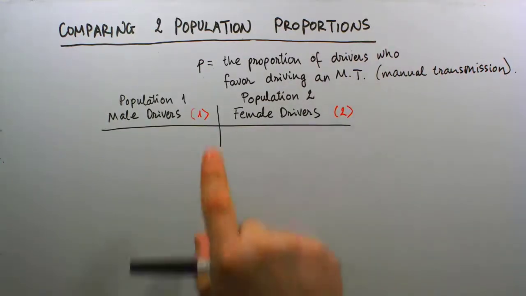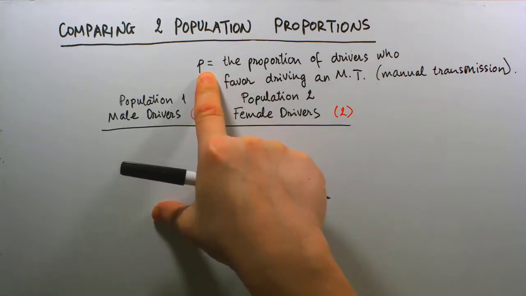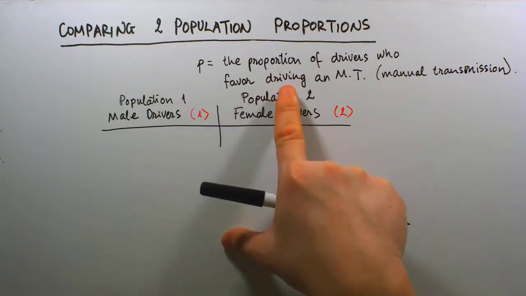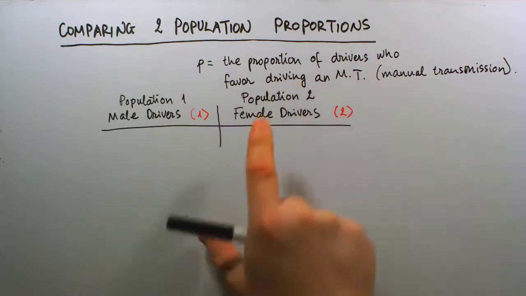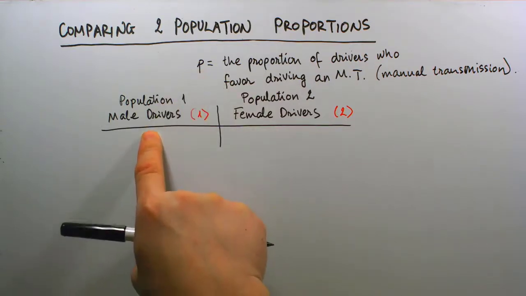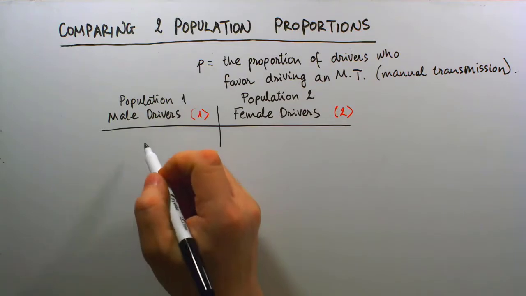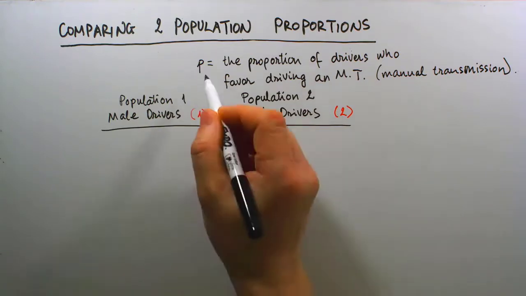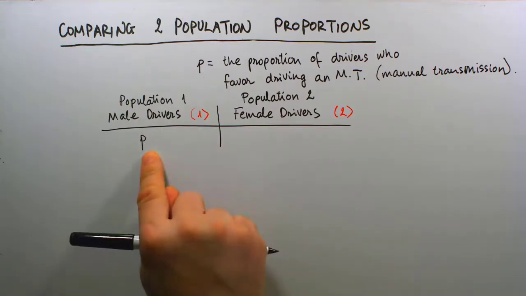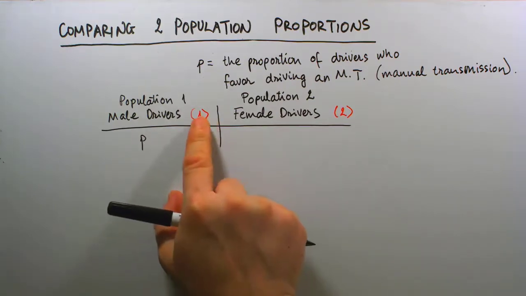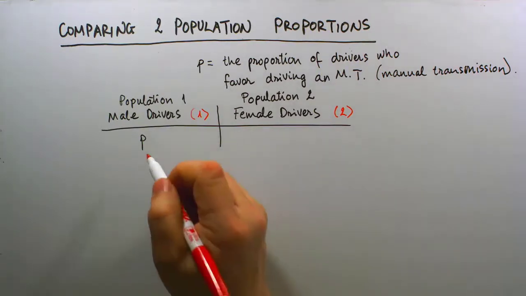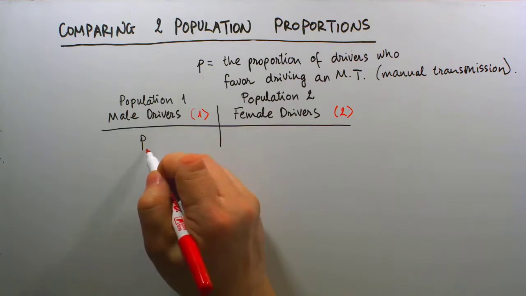Now, as I said earlier, this same general population proportion of drivers who favor driving a manual transmission, if we specifically study that population proportion within population 1, then here's the next usefulness. The same population proportion, lowercase letter p, but now if we're studying that within population 1, then at any point in our work we would refer to it as p1.